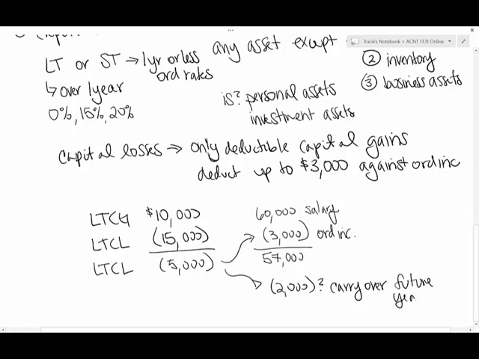So I'll be able to take it in the next year if I have capital gains and ordinary income. So the important thing to remember about capital losses is that they're only deductible against capital gains, and you can only deduct up to $3,000 of a loss against ordinary income. If you aren't able to use all of your loss, you can carry any excess loss over to future years. And that loss can be carried over indefinitely.